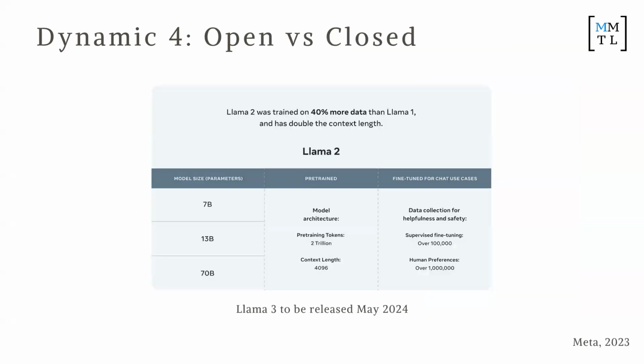All right, the fourth dynamic is that there is now, right now, a big battle between open and closed models. So closed models are ones that are trained behind closed doors. You can access it, you can pay for it, but you don't know what's happening under the hood. You do not know what's happening inside the software itself. You can always call it, but you can't see the weights themselves.